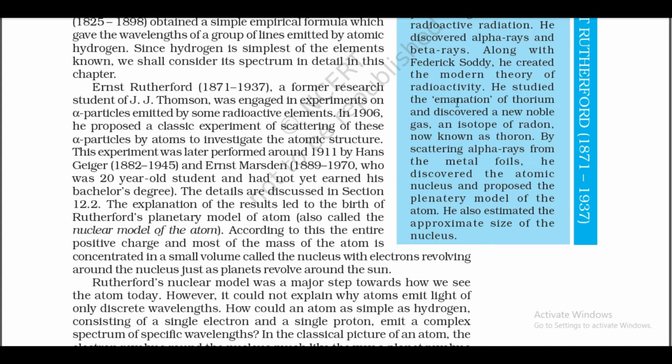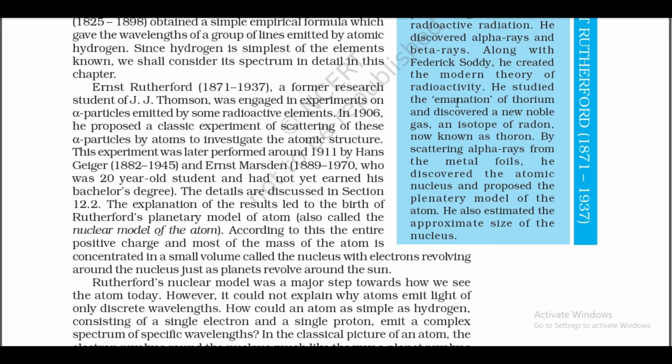This experiment was later performed around 1911 by Hans Geiger, 1882 to 1945, and Ernest Marsden, 1889 to 1970, who was a 20-year-old student and had not yet earned his bachelor's degree. The details are discussed in section 12.2.